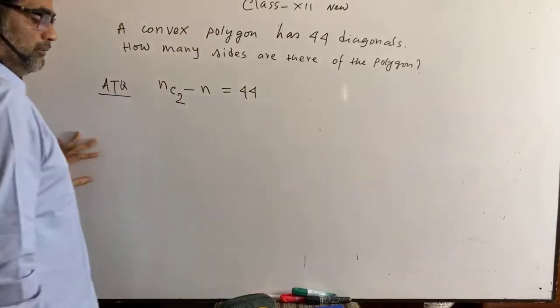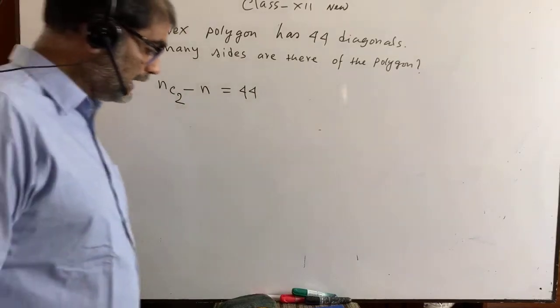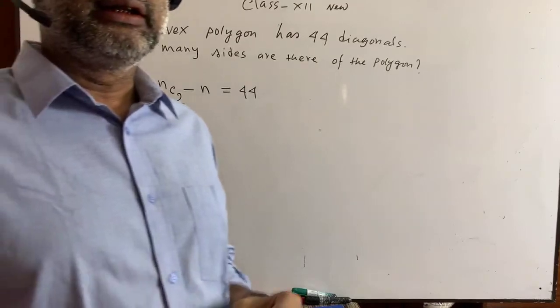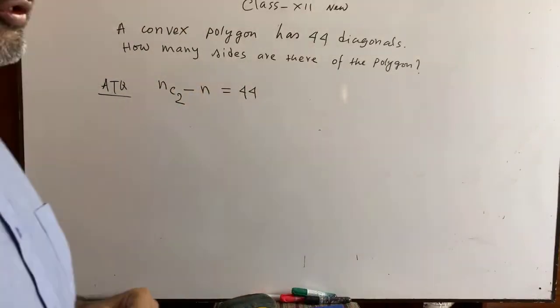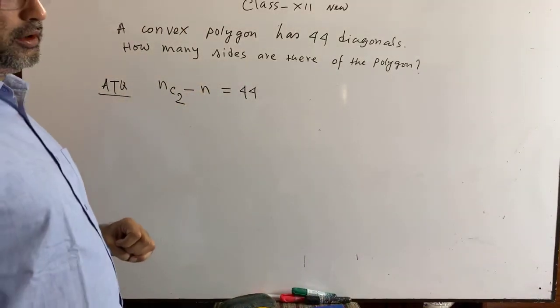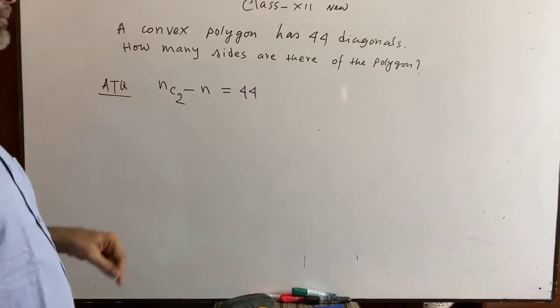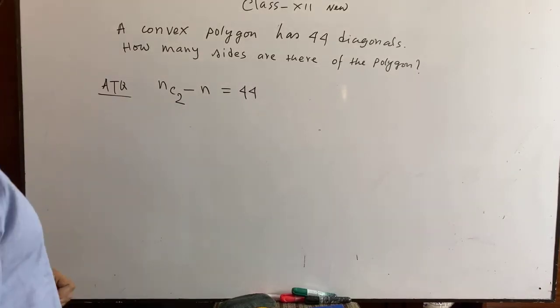Now from this equation it is possible to determine the value of n. By solving this, we will come to know the number of sides of the polygon.